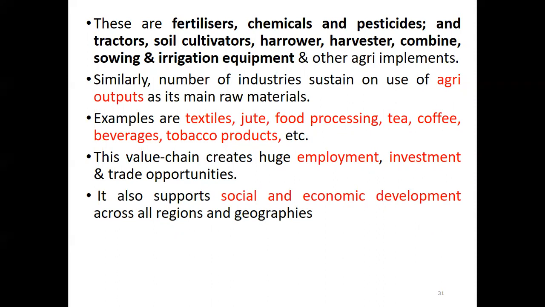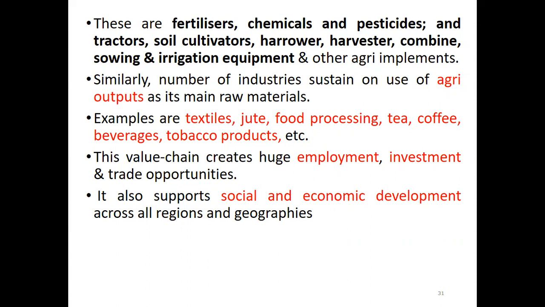If the agricultural sector faces problems, these industries will also face problems. So for the smooth functioning of agricultural allied activities or agriculture-dependent industry, we need to motivate and make investment into the farm.